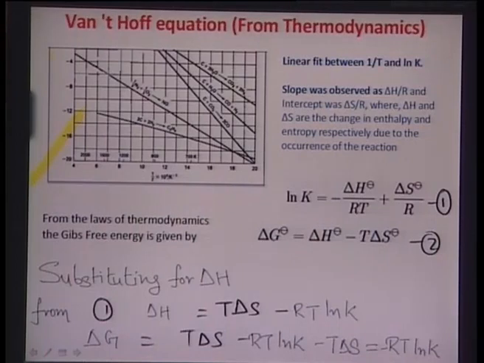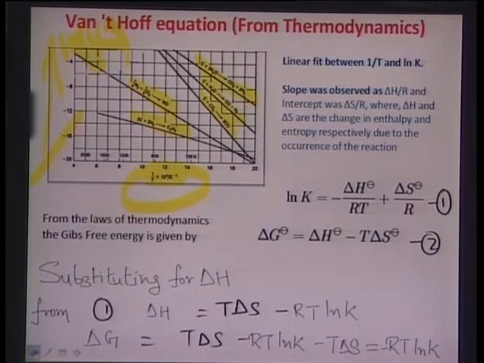So, this is essentially the axis which represents the natural log of K, okay, where K is the equilibrium constant, and you are plotting this with respect to the inverse of temperature. And so, for different gas systems, and these are equilibrium processes essentially, he found out that there is a linear relationship between the inverse of temperature and the log of K.